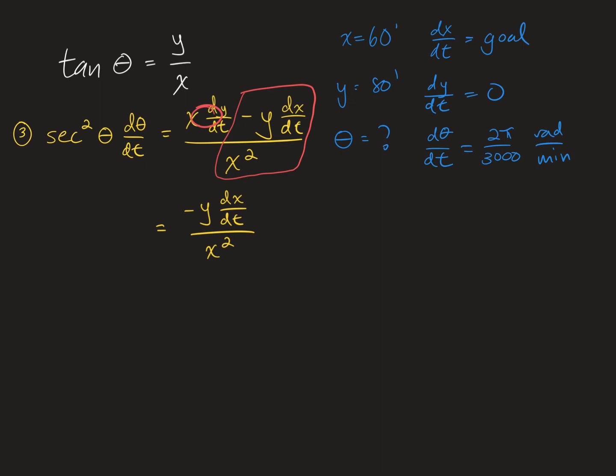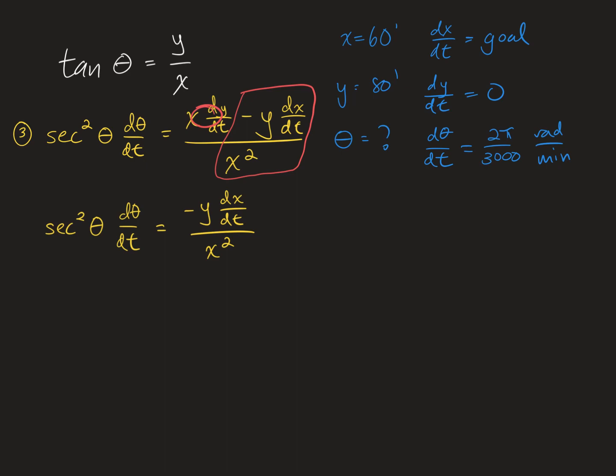That is because secant is the reciprocal of cosine, cosine being adjacent over hypotenuse. If we reciprocate that, it'd be hypotenuse over adjacent. So that will come in the next step. So d theta dt. That was a cleanup step.